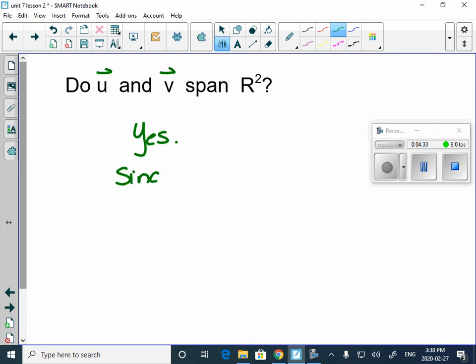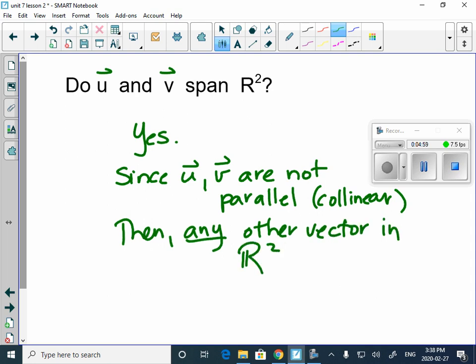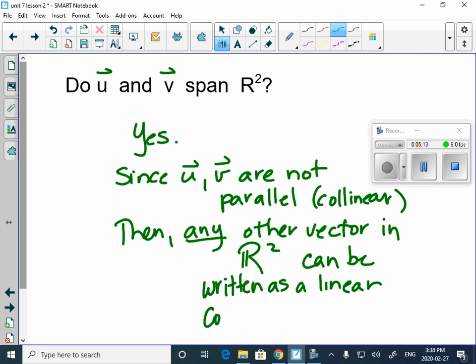Since u and v are not parallel, or collinear, then any other vector in 2 space can be written as a linear combination of u and v.